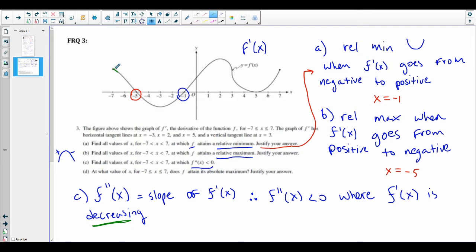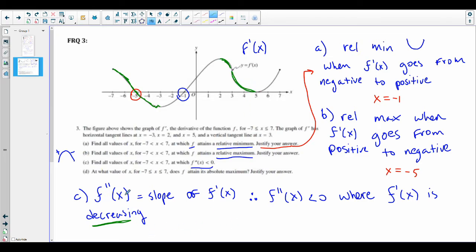Okay, so we have some intervals here where we're decreasing. Anywhere else? No, I think that's our only places. Oh, since we have a vertical tangent at 3, we have to think of this as two separate intervals, like 2 to 3 and then 3 to 5.